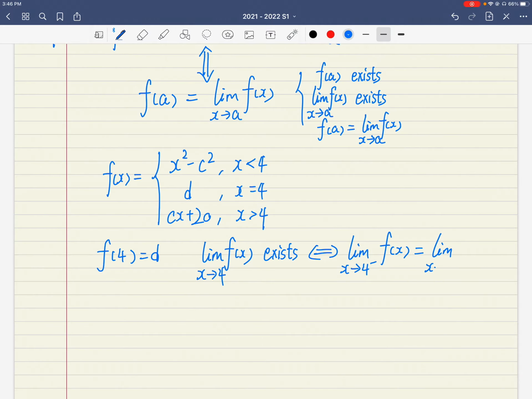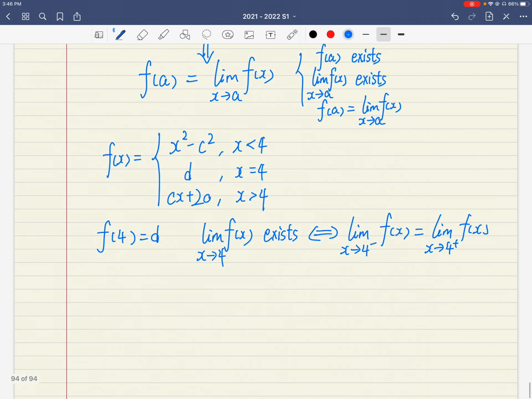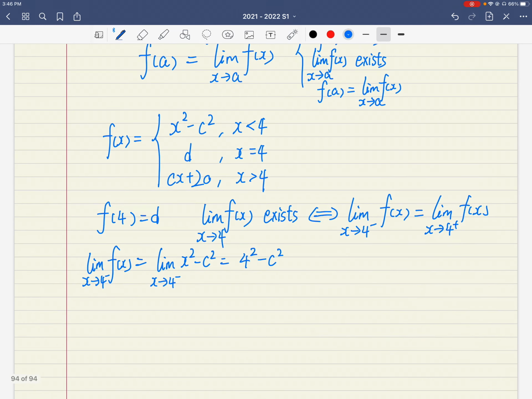For this function, what is the limit from the left? When x is approaching 4 from the left, x is smaller than 4, so the function we use is x squared minus c squared. So here it's just 4 squared minus c squared. This is the limit from the left.